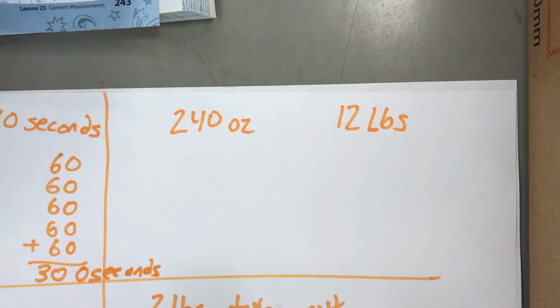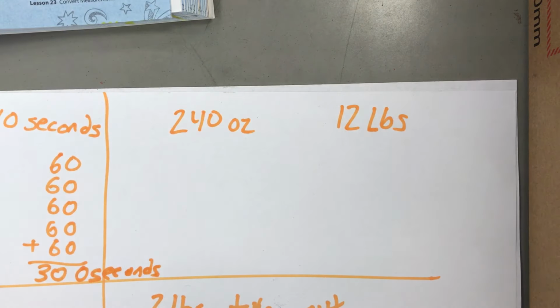240 ounces and 12 pounds. Now, let's say you have a small animal and you want to buy a carrier to carry them in. Let's say your animal, like a dog or a cat, weighs 12 pounds.